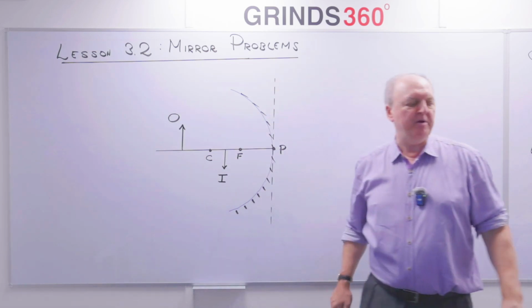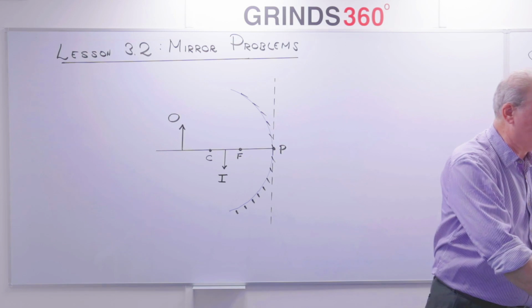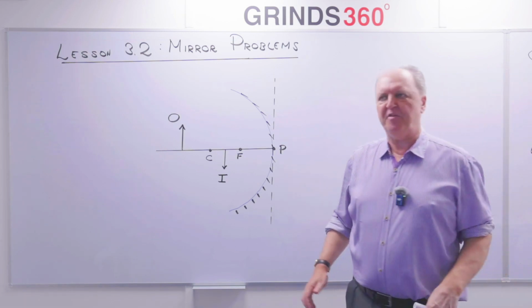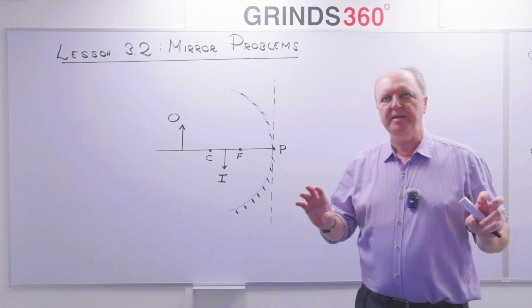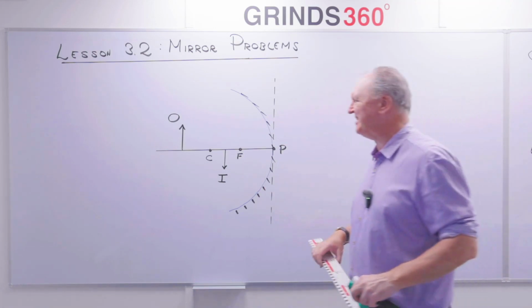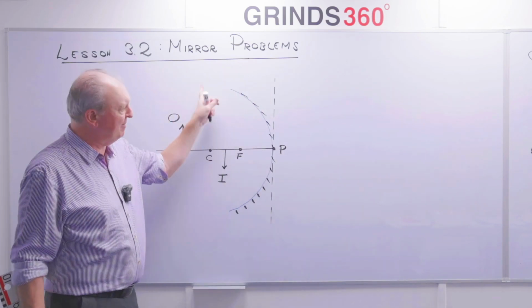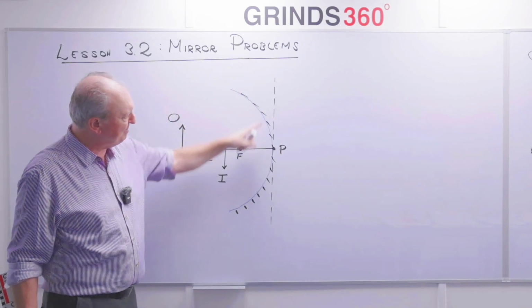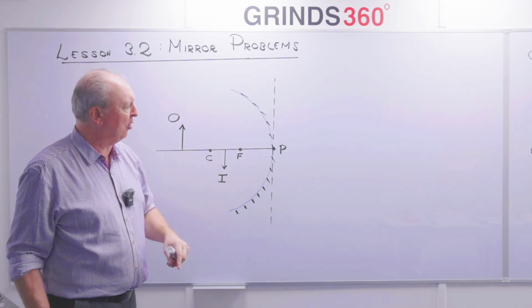Now I'm going to give you a mirror formula. I'm not going to prove it for you. It's not that hard to prove, but we're not going to bother proving it here. You don't need it for the leaving cert. There are 3 numbers that I want. The first thing I want is the object distance, the distance of the object to the mirror. And the mirror is curved, so I'm talking about a tangent to the mirror at its pole.